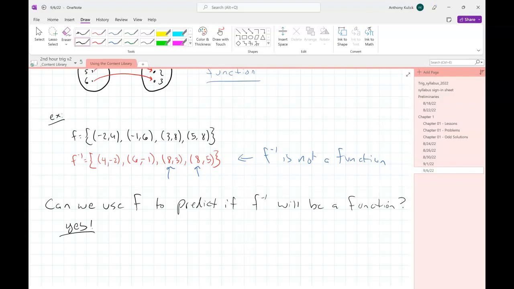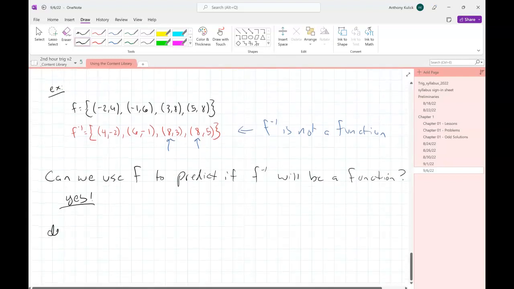But in order to show this, we need some definitions, because f has to meet a couple of criteria for this to work. Okay? So let's do some definitions.